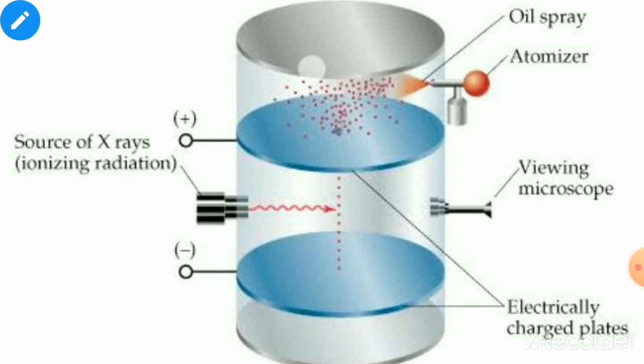From this we can determine the charge of the droplet, and hereby we can determine the charge of one electron by taking different values of their HCF.